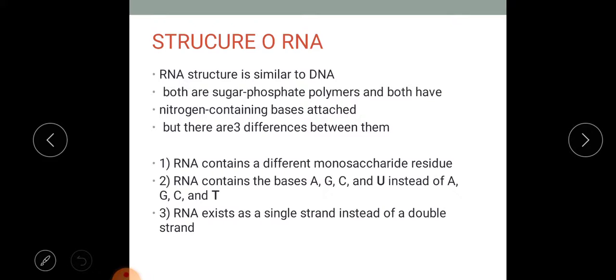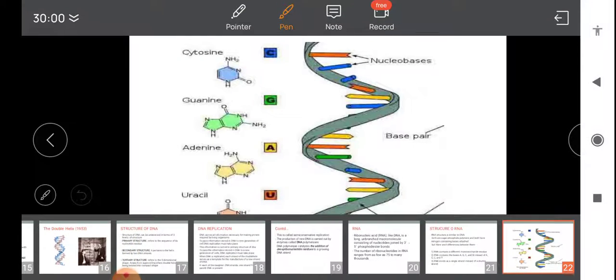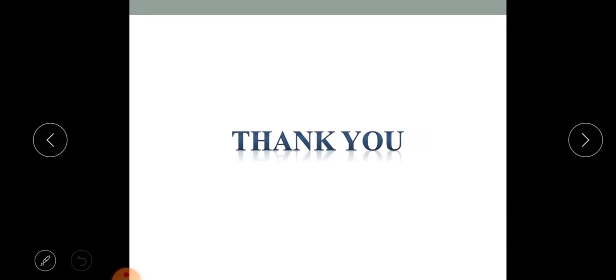RNA contains the bases adenine, guanine, cytosine, and uracil, instead of adenine, guanine, cytosine, and thymine, which is present in DNA. RNA exists as a single strand instead of a double strand. That's the difference. So this is the structure of RNA, and these are the nitrogen bases present. Okay, thank you. That's all about the nucleic acids.